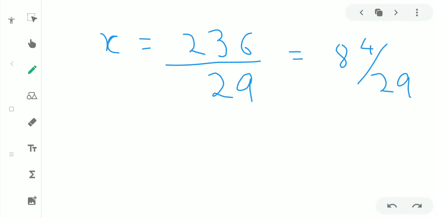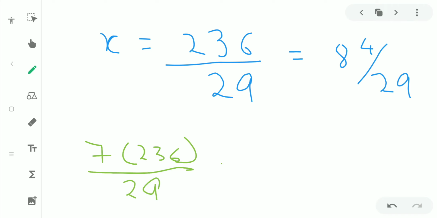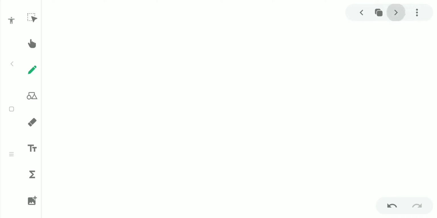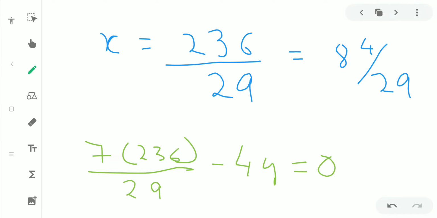So 7x, in place of x I am writing 236 by 29, minus 4y is equal to 0. So 7 into 236 is nothing but 1652.